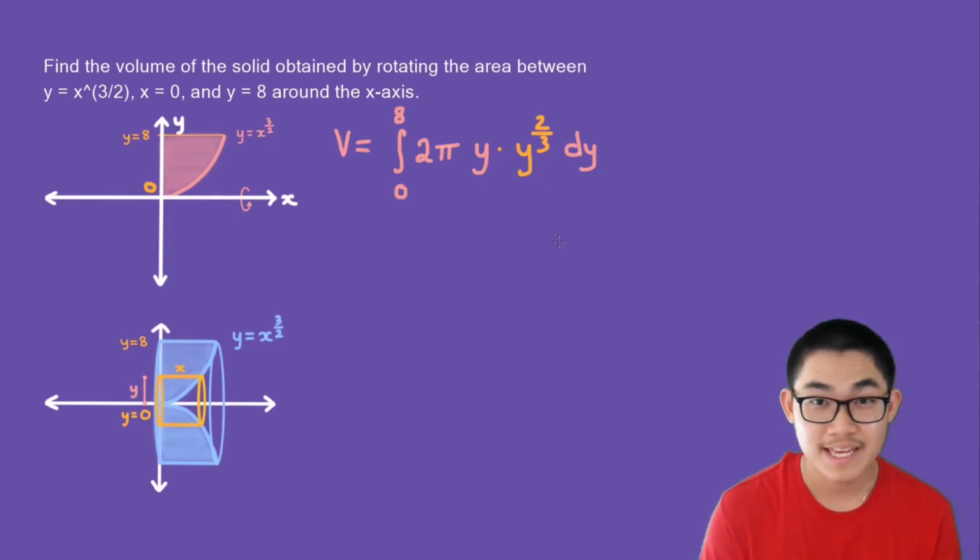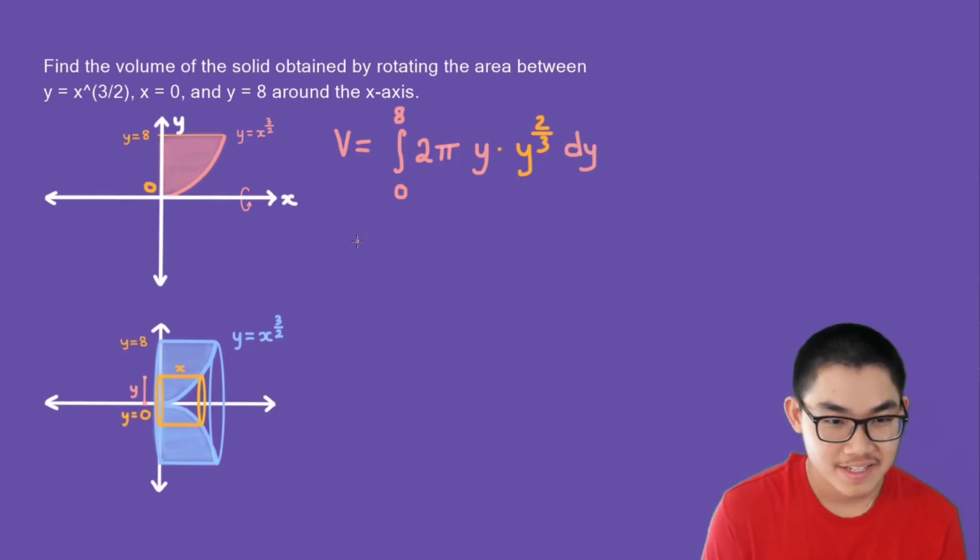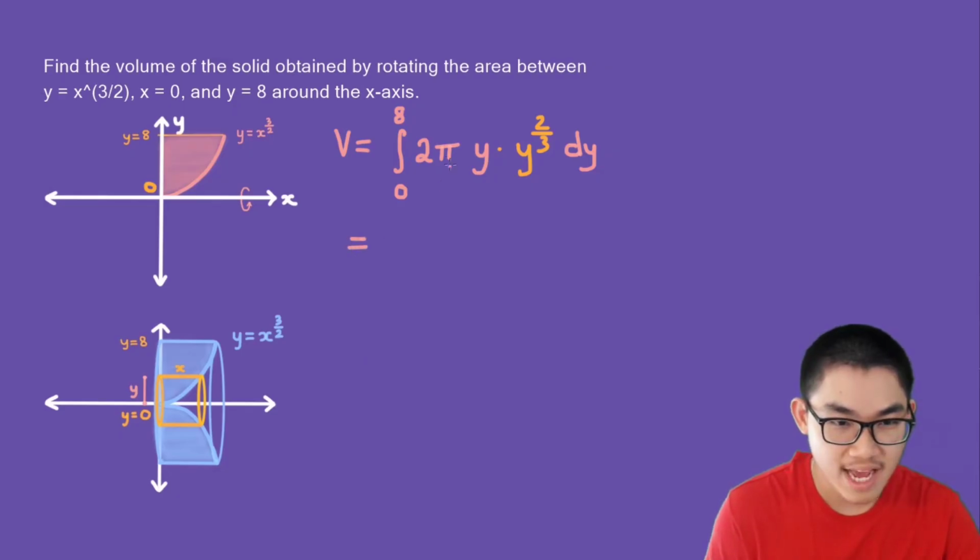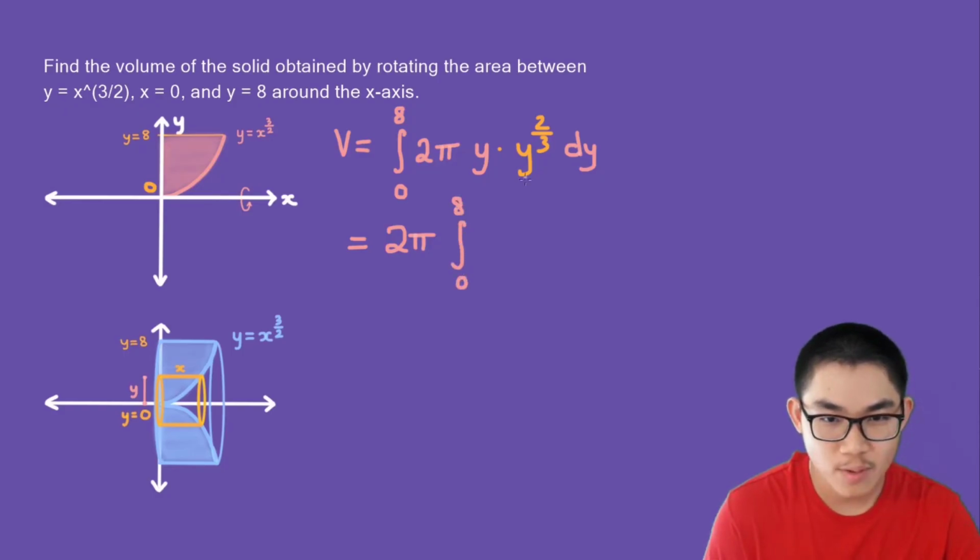The last step is to evaluate this integral, and that will give you the volume of this three-dimensional object. So since 2 pi is just a constant, we can move it outside of the integral. So we're going to get 2 times pi times the integral from 0 to 8, and y times y to the power of 2 over 3. Now, let's review some exponent rules.